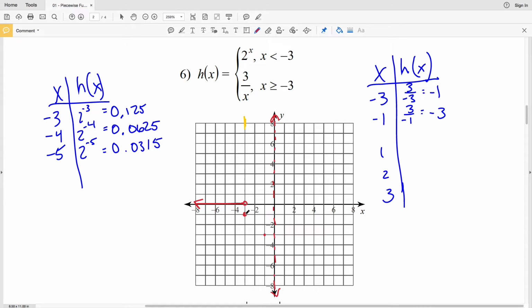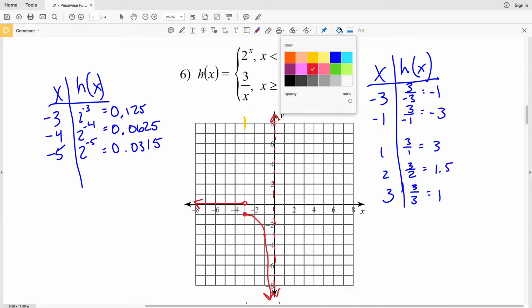Now I'll draw my function showing that it's going to get closer and closer to negative infinity because it is an infinite discontinuity. Now I'll enter in 1. 3 over 1 equals 3. 3 over 2 is equal to 1.5. And entering in 3, I'll have 3 over 3, which equals 1.